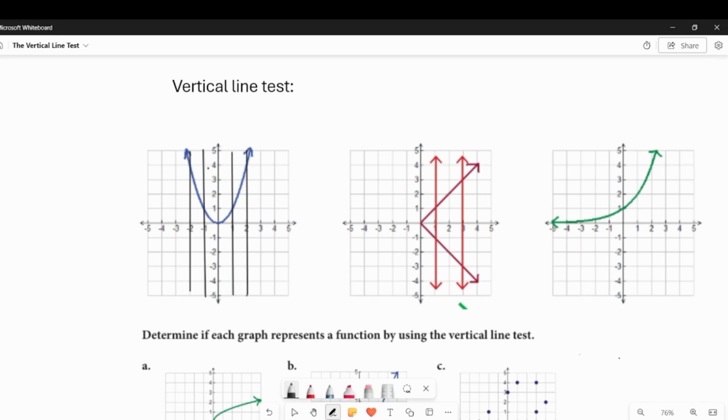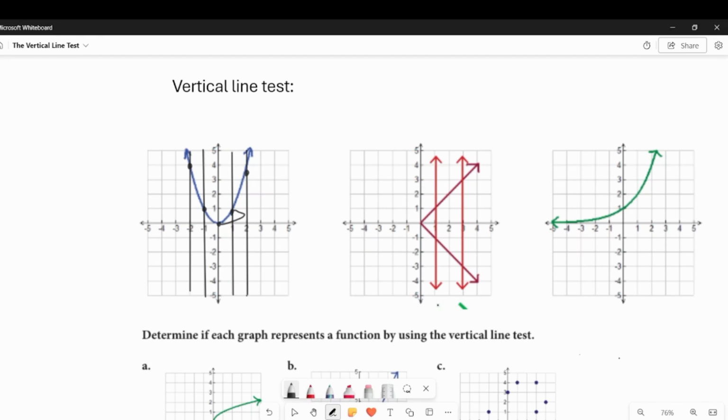And you can see that's clearly happening here. We see this vertical line, this is the only point passing through it. Here also we have one point passing through the vertical line. You can see here, right? Through all the vertical lines, there is only one point passing. So this is a function.